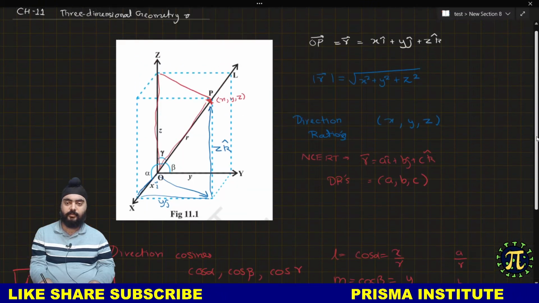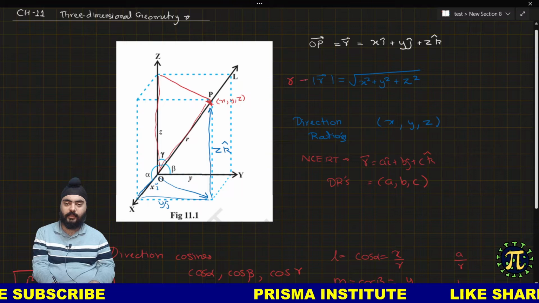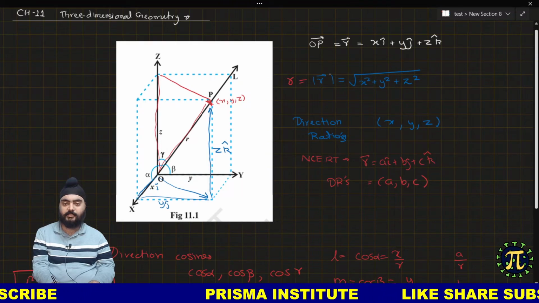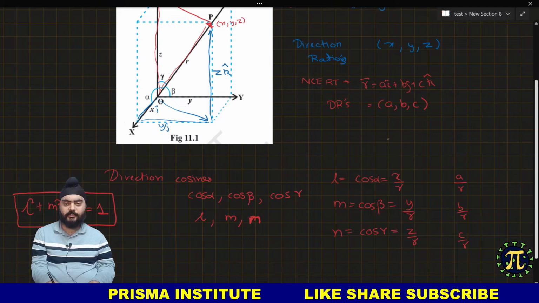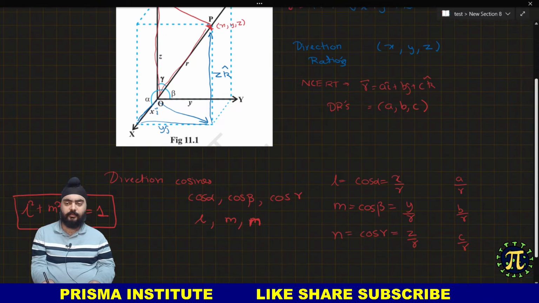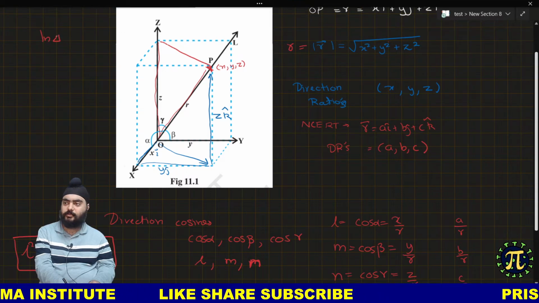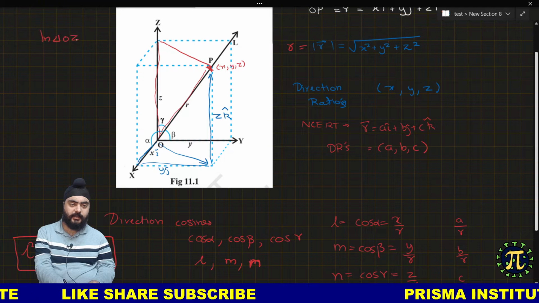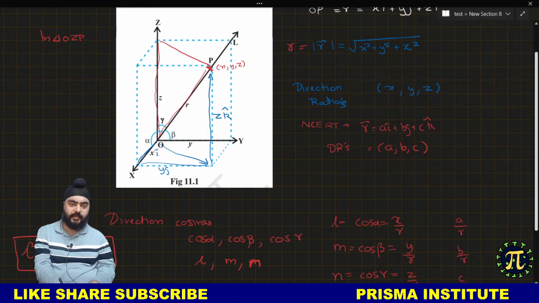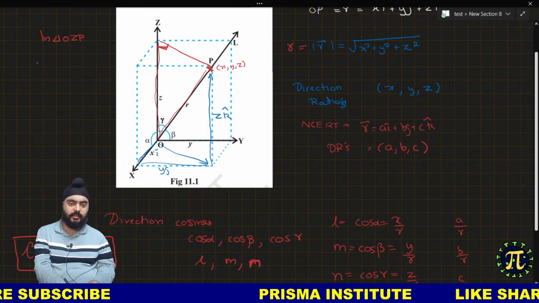What do we call the magnitude of the r vector? We call it r. If you are not putting a vector sign on it, then this is the same as mod of r. So why is that? For example, look into the given figure. In triangle OZP, this angle Z is 90 degrees.